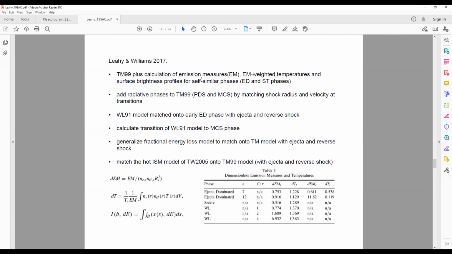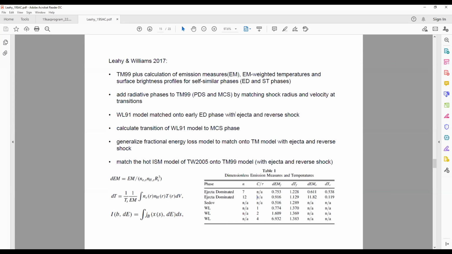So I spent a few years putting all of this into a Python code and doing other things like correctly matching the end of the non-radiative evolution to the radiative phase by making sure that the momentum, velocity, and position all match at the transitions, which hadn't been done before.